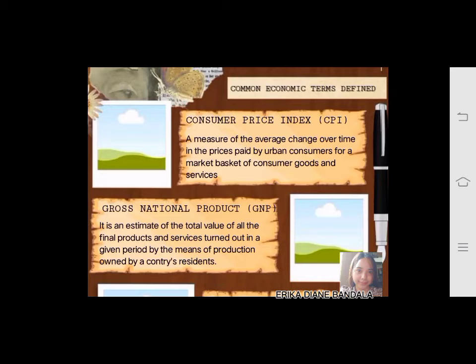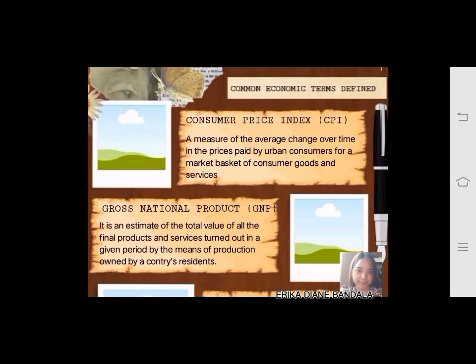So ang market basket is a fixed set of goods and services whose prices are used to calculate changes in price year on year. So the consumer price index is measured by analyzing the price of the goods and services in that market basket. And also it is a tool for determining how well the economy as a whole is doing in terms of inflation and deflation.